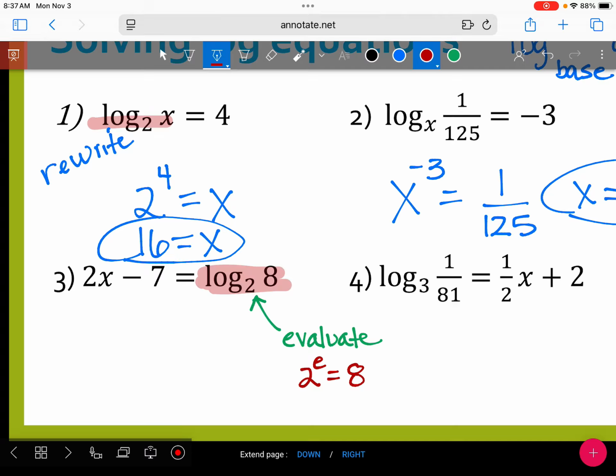So what would be my missing exponent? 2 to what power equals 8? 3. So I'm going to rewrite this as 2x minus 7 equals 3. Go ahead and solve it.